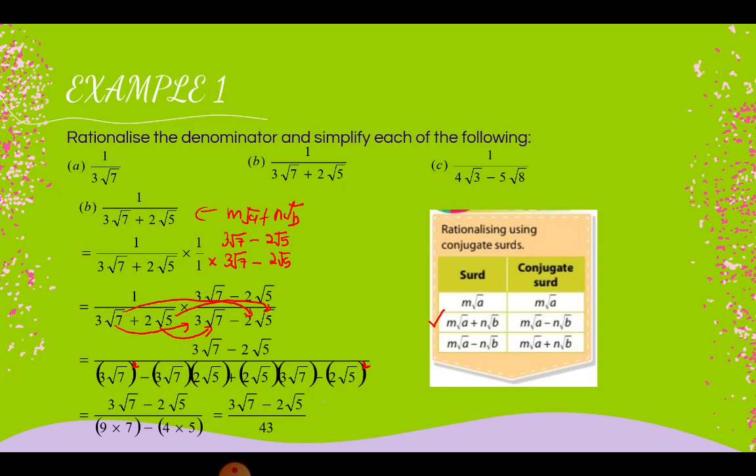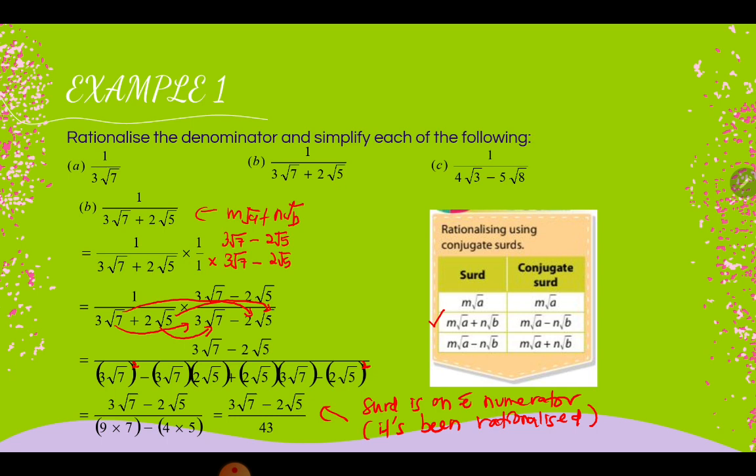So as you can see, the surd now is on the numerator, right? So it has been rationalized. So that's why before I told you, what does it mean to rationalize?